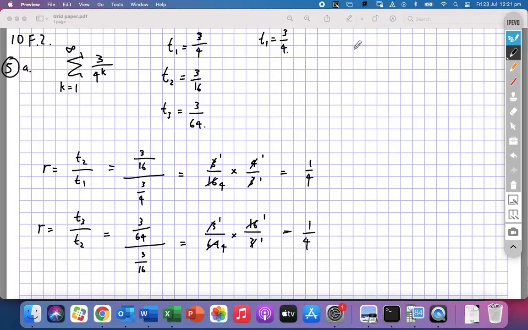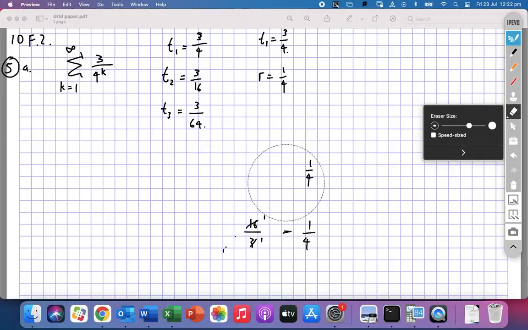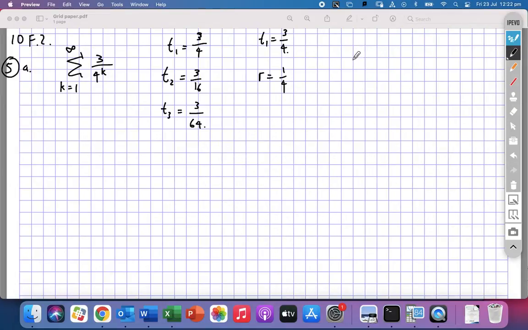Right, so I now know that the R value is 1/4. And we could have written this sum slightly differently, because we could have said we've got 3/4 times 1/4 to the n minus 1.